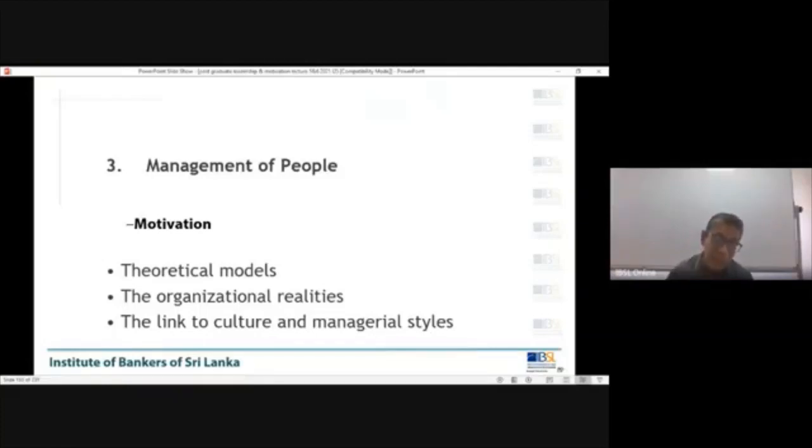Actually, even though we consider motivation one of the directing instruments of management, it is basically a sociological concept if you really look at it. Now, the word motivation came from the Latin word. A lot of English words came from either Greek or Latin.